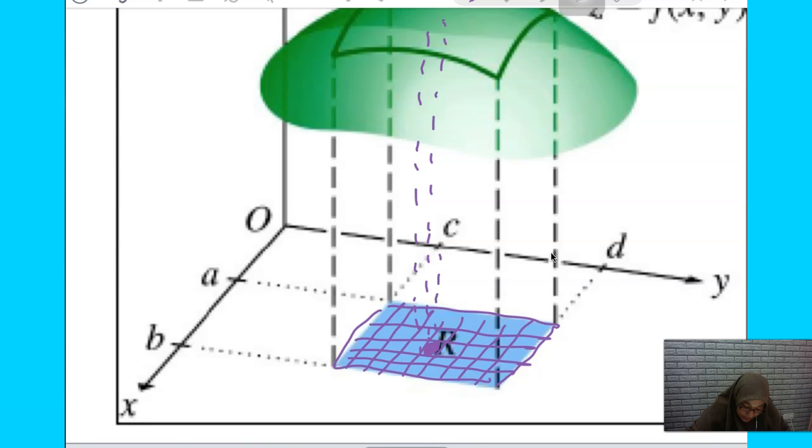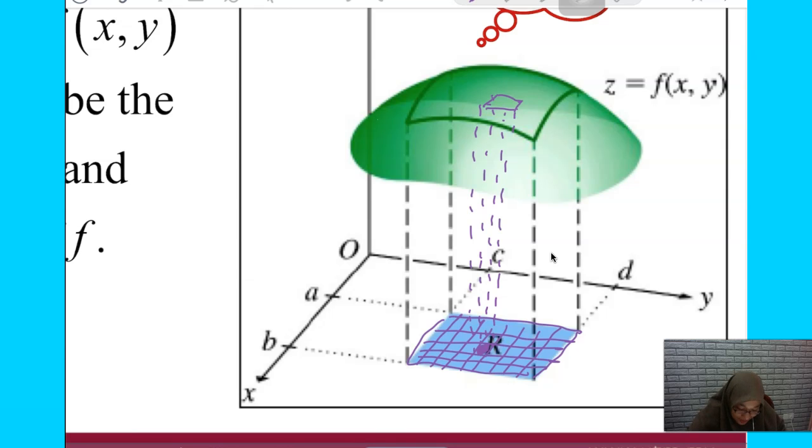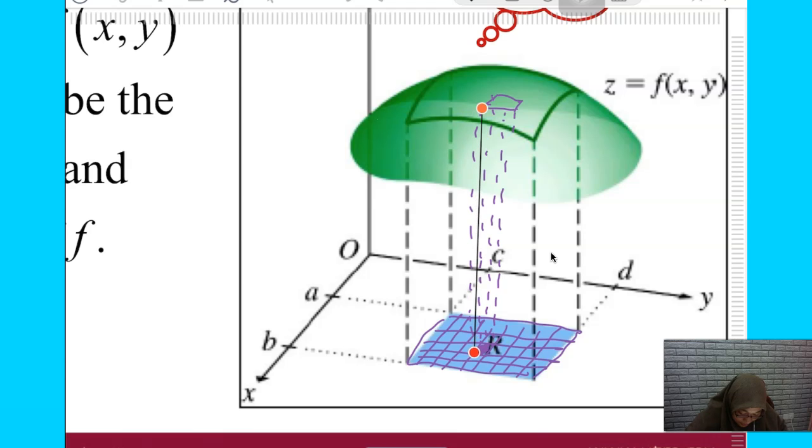I don't have the ruler, but I will try my best to sketch. So there is a line, this one, and then this one, and then there is something at the back.